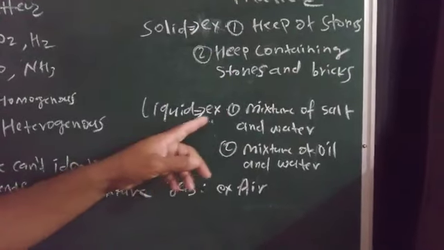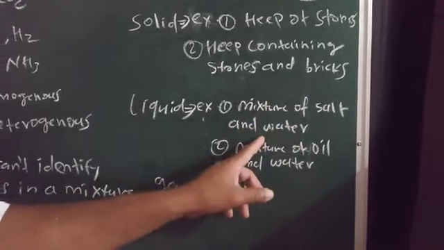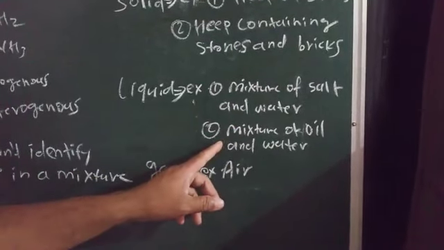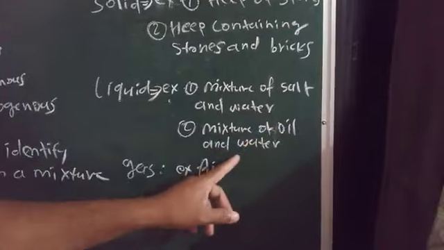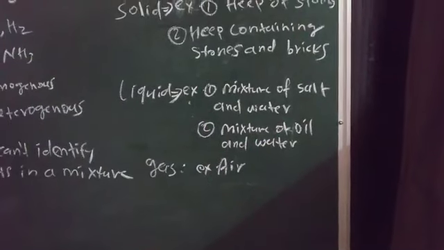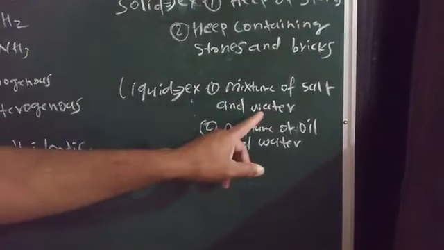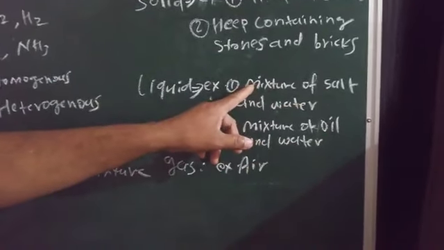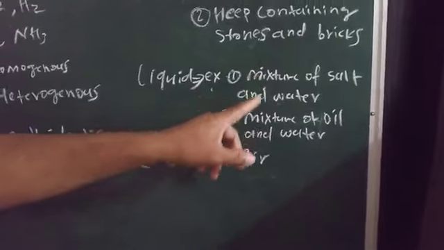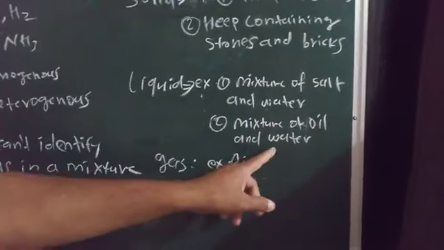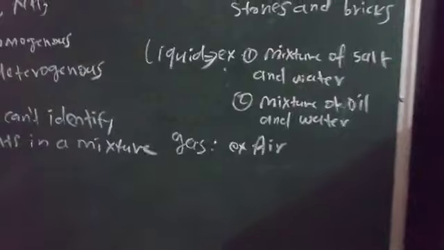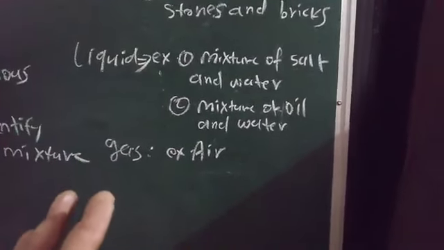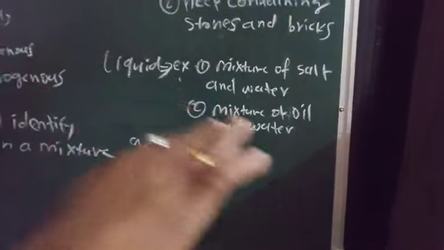In liquids, the first example is a mixture of salt and water, which we already did in the activity, and the second example is a mixture of oil and water. These are two different types of mixture. Salt is completely dissolved in the water, therefore this is a homogeneous mixture. And oil and water, when we pour the oil in water, we can identify the level of oil and the level of water.